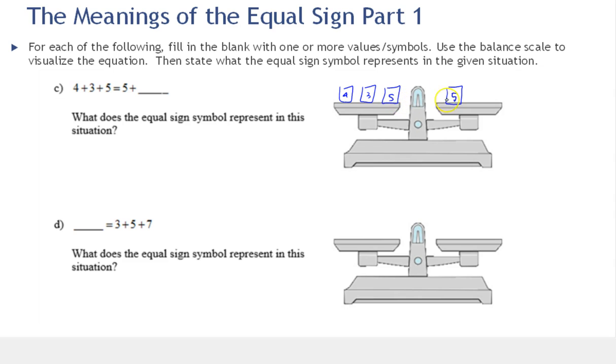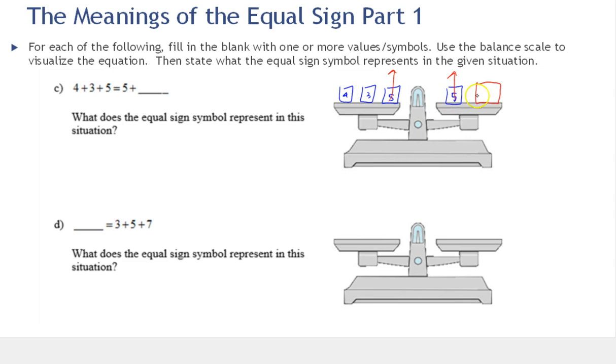Notice both sides have a 5 on them. If it's balanced now with some value, let me put in a secret box. This is whatever value balances it. I think you'll agree if I remove the 5 from both sides, it would still be balanced. We're going to talk about this in a lot more depth later, but I just want you to see this and see if it makes sense to you.